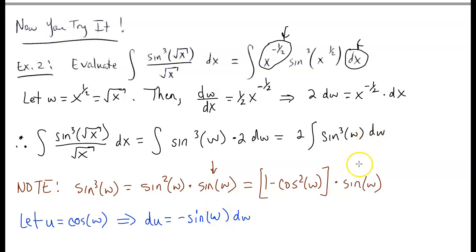Okay. Thus, here, we'll say that minus du is going to be equal to sine of w dw. Okay.